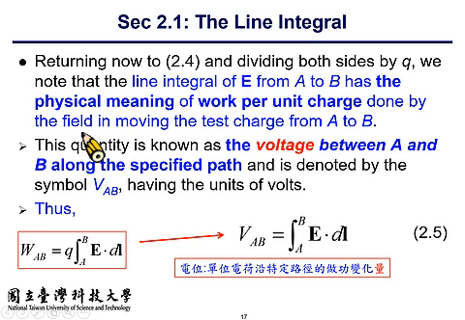If the integral result is invariant to the choice of path, then the field is regarded as the so-called conservative field, 保守场.